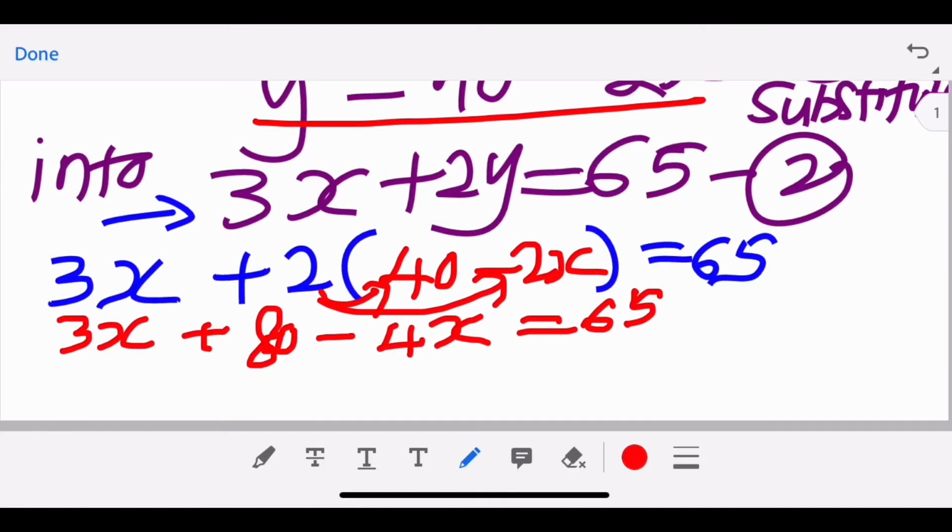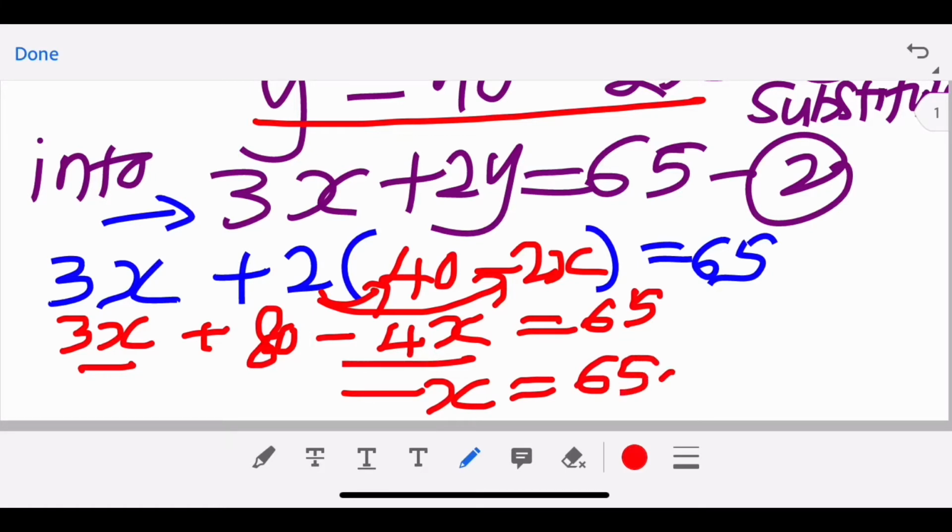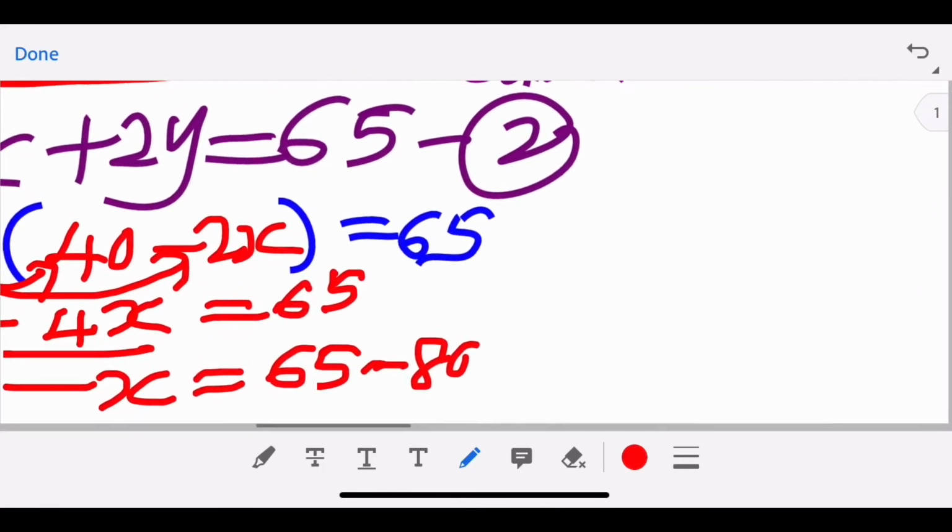Then we will simplify the like terms. Like terms are 3x and negative 4x. 3 minus 4, so you will get negative x. And then the numbers, you have to solve: 65 minus 80, right?